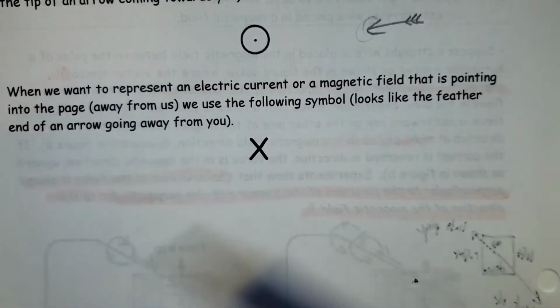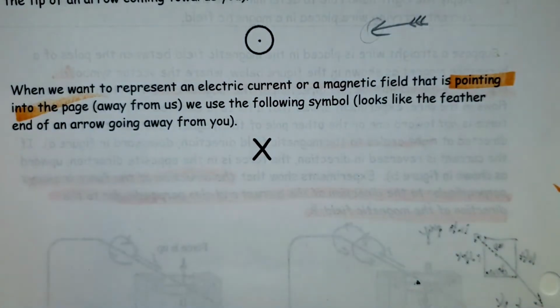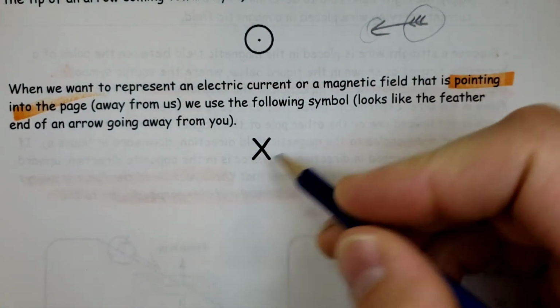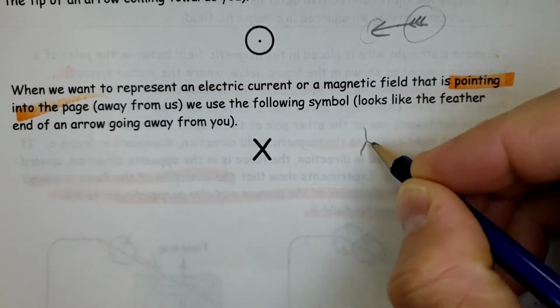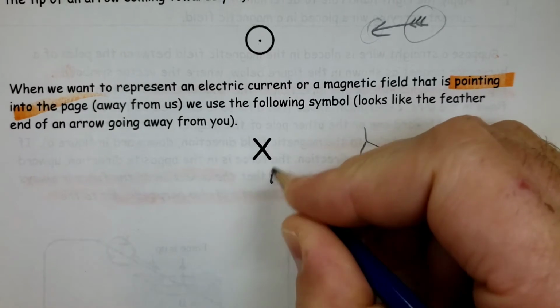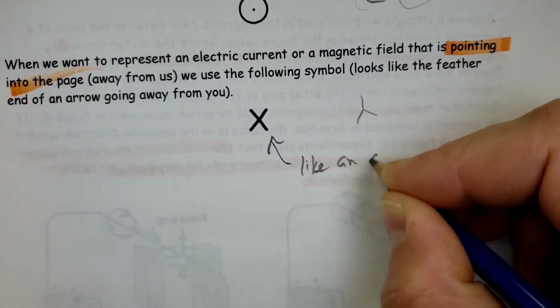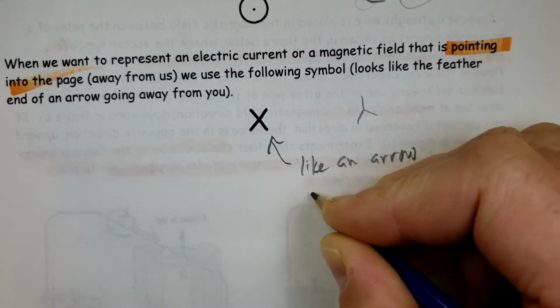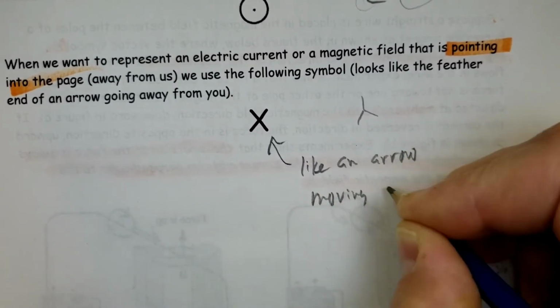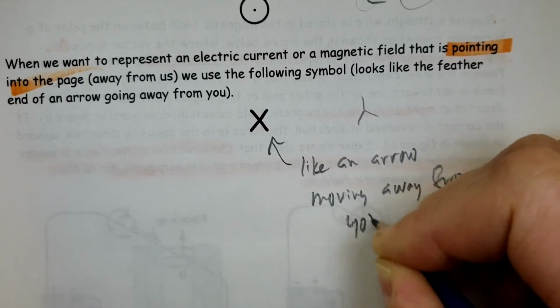If you want to represent electric current pointing into the page, so going into the page like this, going in, you would see the tail end of an arrow. You would see that part. So it would kind of look like an X. Even though I know arrows technically have three fletchings like that, we could say you have an X. So we could say like an arrow moving away from you.